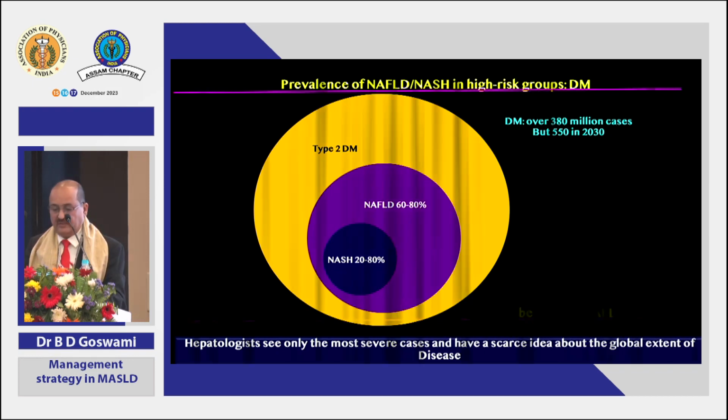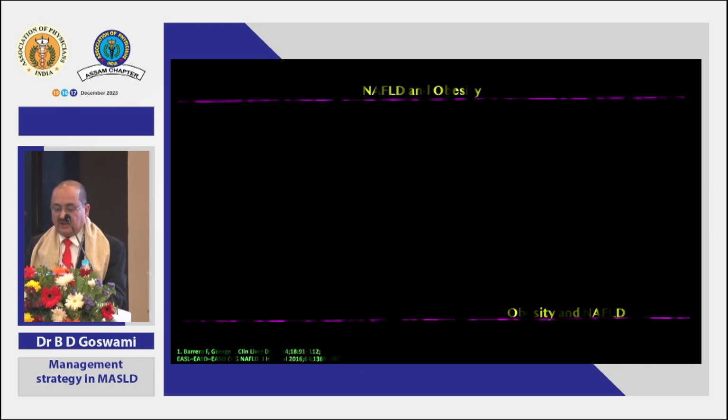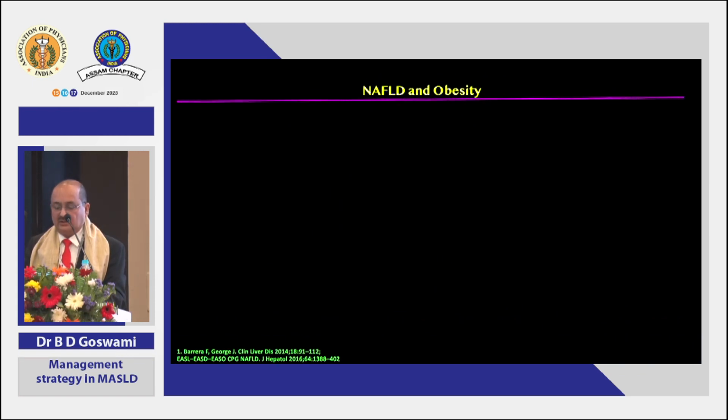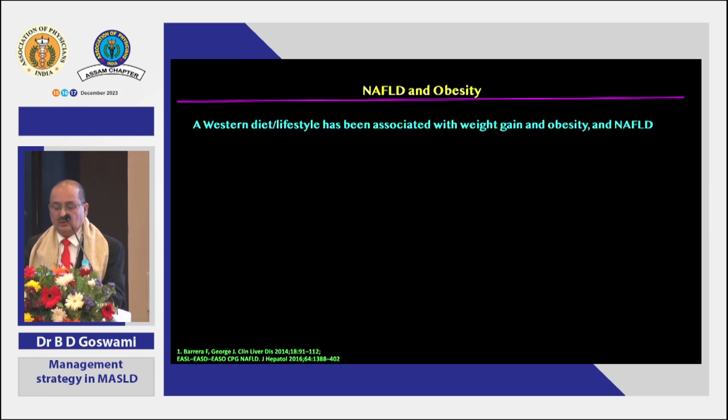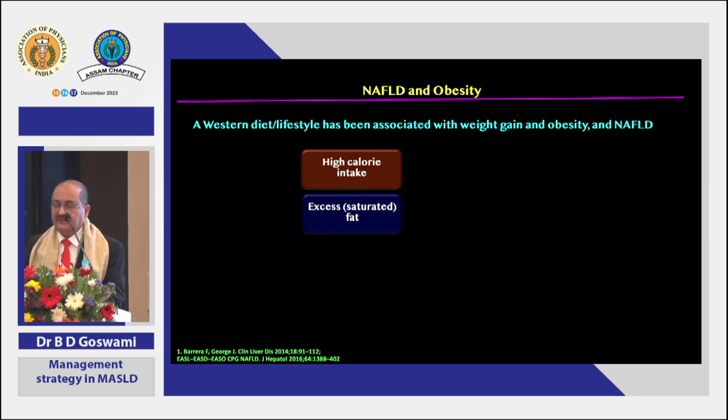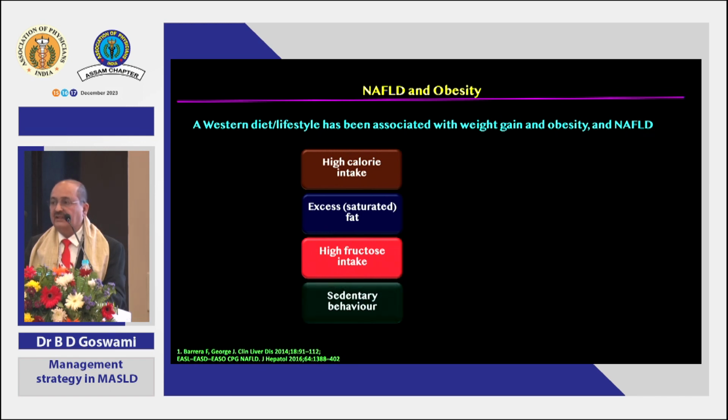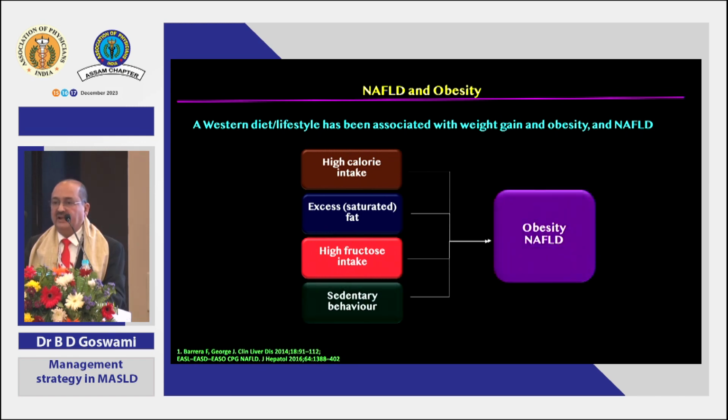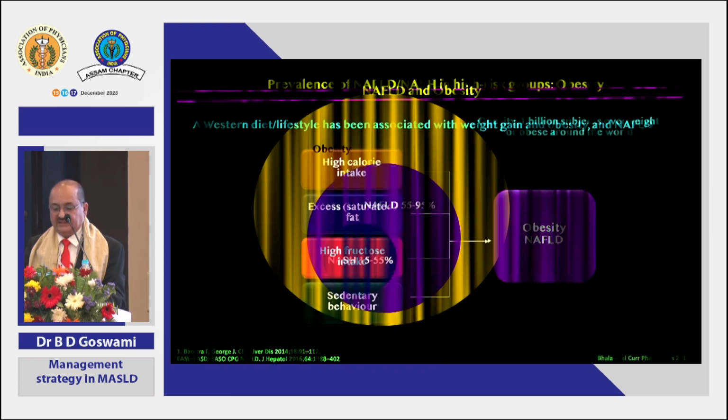actual picture. Then we have obesity, and also there is diabetes, and also there is NAFLD. How it goes on, because of the Western lifestyle, the food habits change everywhere. And that's why it goes to high calorie intake, excessive fat intake, high fructose intake, and also a sedentary lifestyle, and ultimately ends up with obesity.